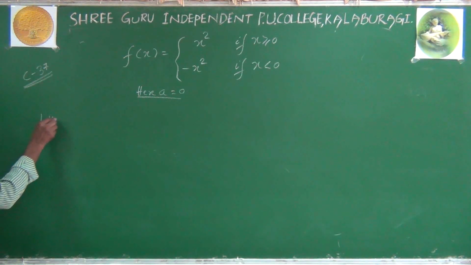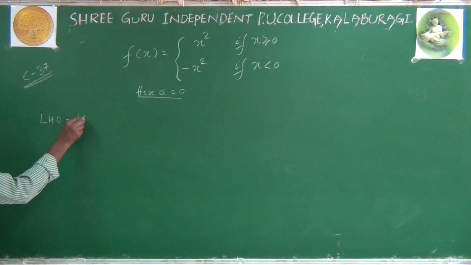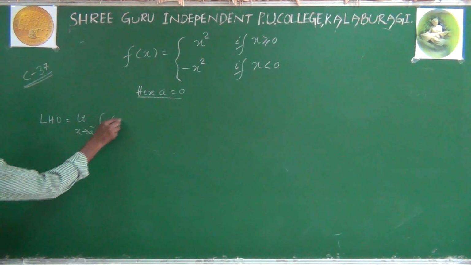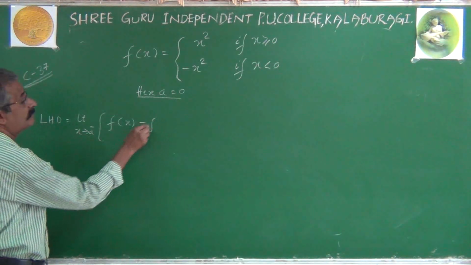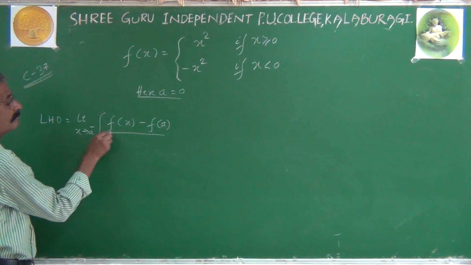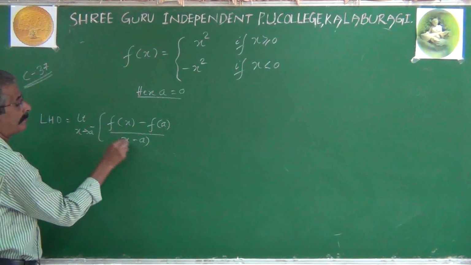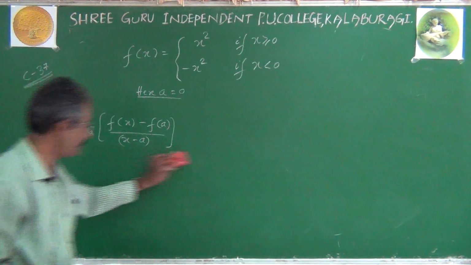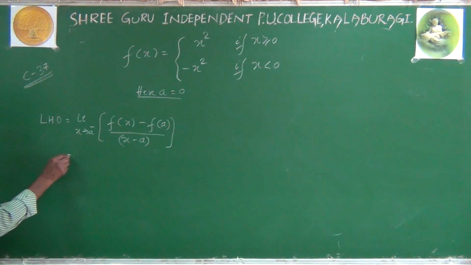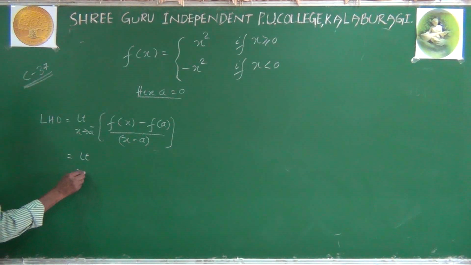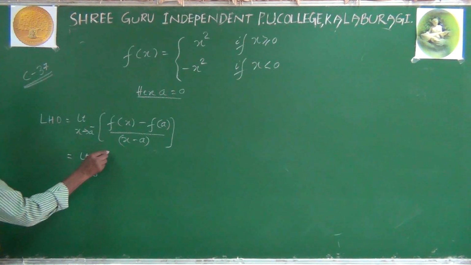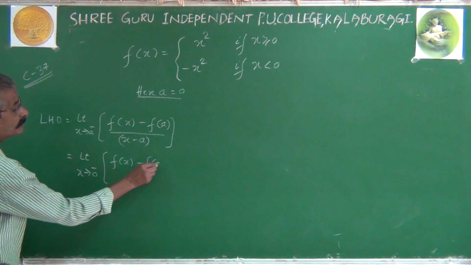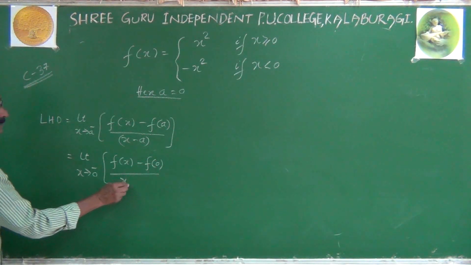Now, left hand derivative is the limit as x tends to a minus of f of x minus f of a divided by x minus a. That is, the limit as x tends to 0 minus of f of x minus f of 0 by x minus 0.